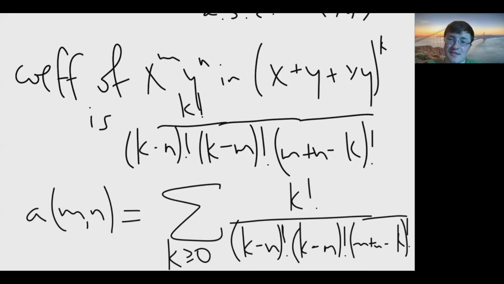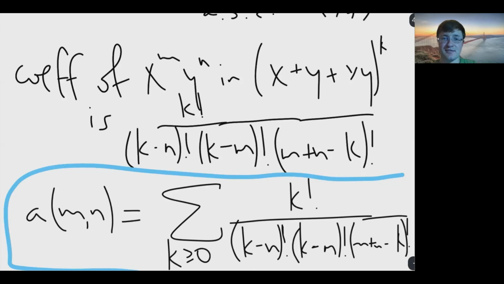And if k is smaller than m or n, you're going to get 0. And if k is bigger than m plus n, you're also going to get 0. So you actually have a pretty small range of values of k, where this gives you something non-zero. Okay, so that's one formula. Maybe I'll box it just because it's one of the answers we're interested in.